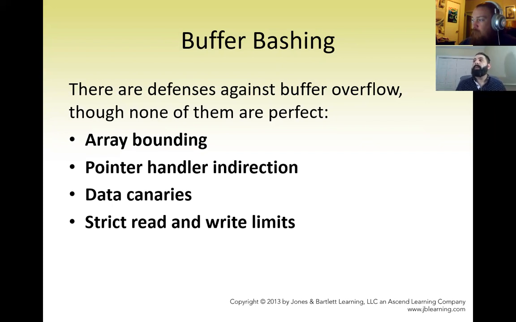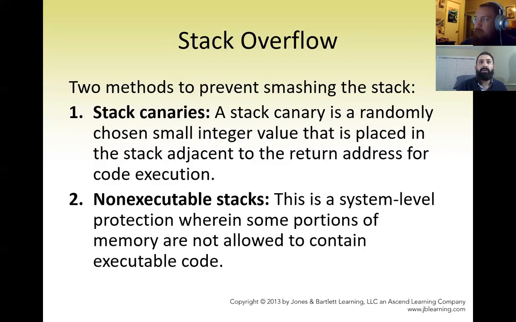My question is, what if I go beyond what the array can handle? What's going to happen? That's a buffer overflow. Pointer handling, indirection, data carriers, canaries, restricting read and write limits.